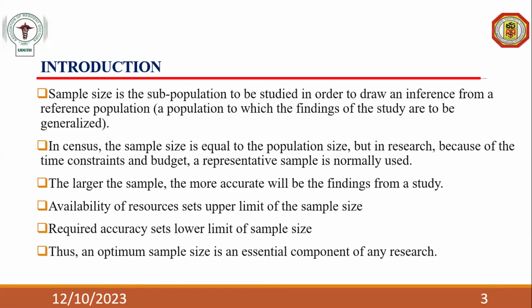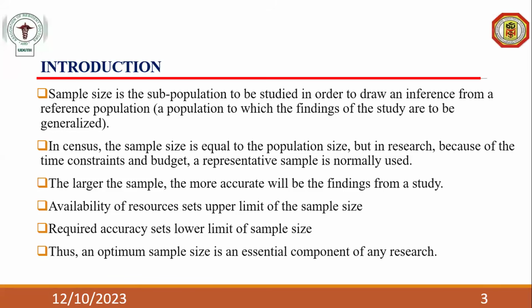So sample size is the subpopulation that you want to draw your participants from, for which at the end of the day you generalize the result to the general population. Why? Because you cannot include everybody in the population.